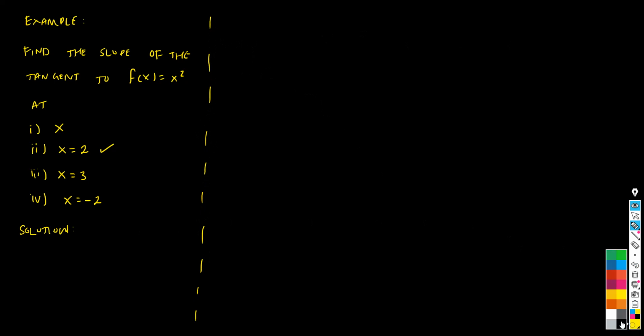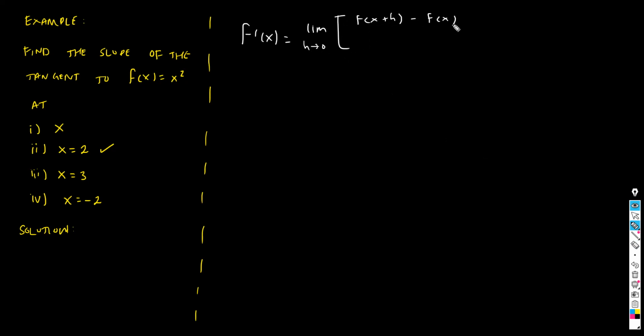The formula that we just discovered, I repeat, is this: f prime of x, or the slope of the tangent to the function f at point x, is equal to the limit as h approaches 0 of this quotient. We just have to follow the formula. Let's start.